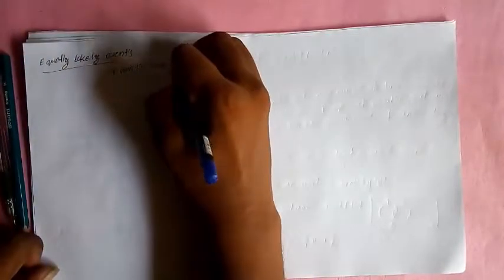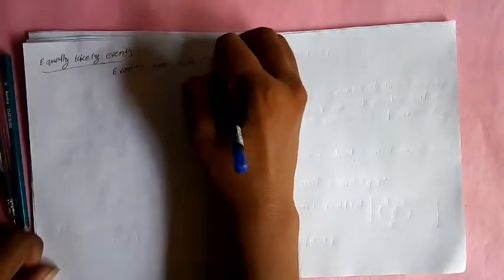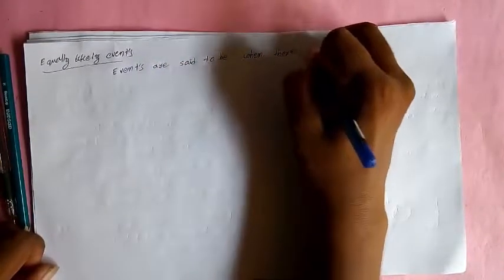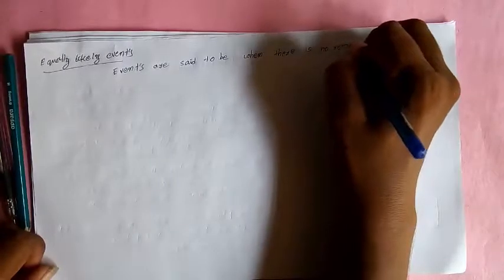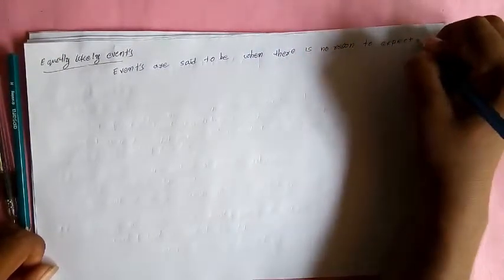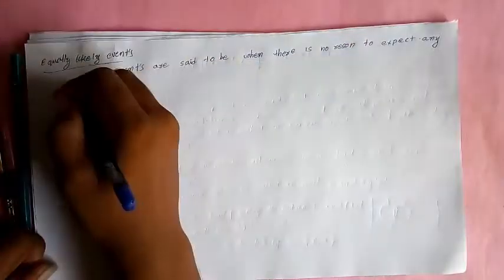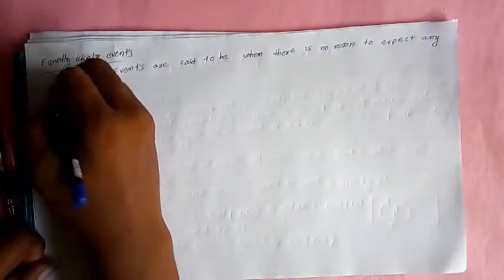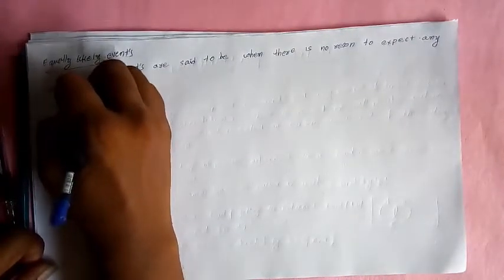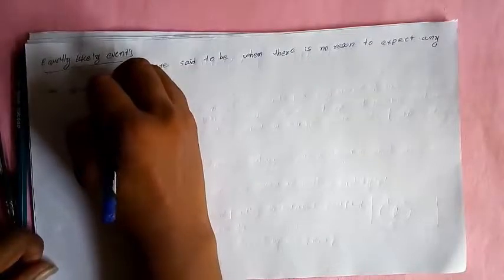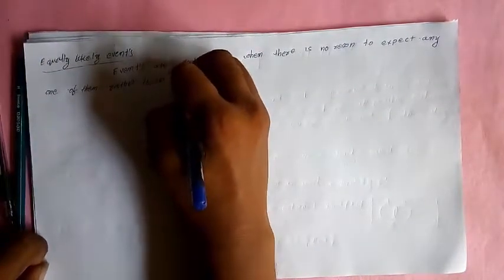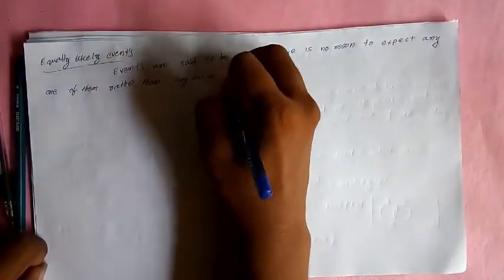Events are said to be equally likely when there is no reason to accept any one of them rather than any one of the others.